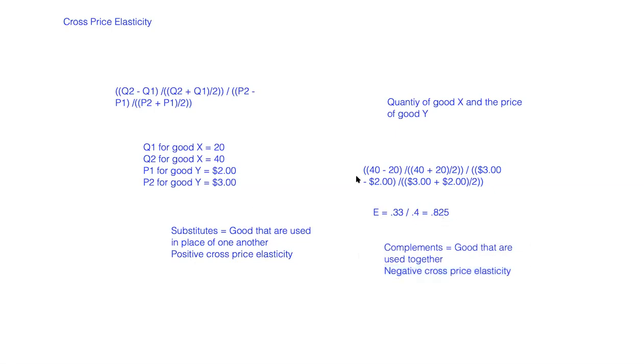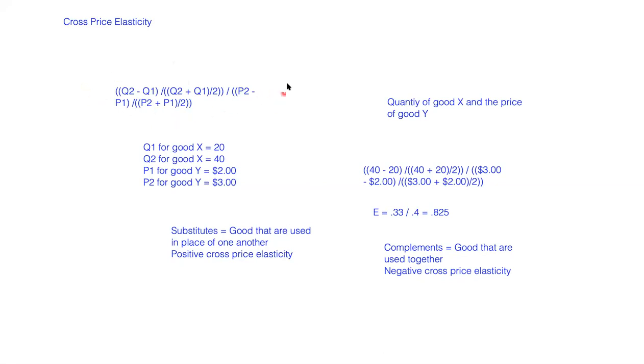So for elasticity, we've covered the elasticity of demand and supply. We've also covered cross-price elasticity. The most important thing to take away from this is the formula for elasticity, and this formula is critically important. This formula is true for both the elasticity of demand and the elasticity of supply, as well as cross-price elasticity.